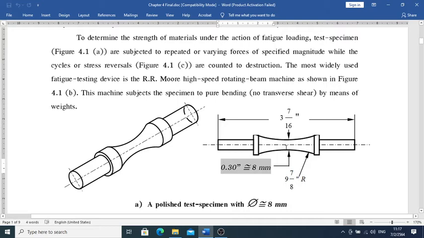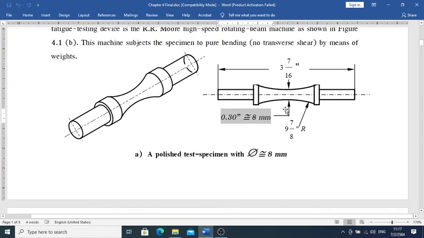We grind the specimen and then polish it, so everything is perfect. The workpiece has to be a polished test specimen already.